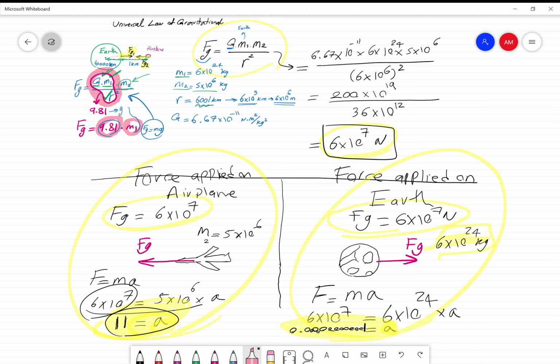It means instead of going through all these calculations to find 6.6 times 10 to the power 7, we could simply say that instead of all that calculation, I'm going to do 9.81 times the mass of airplane. What's the mass of airplane? 5 times 10 to the power of 6.